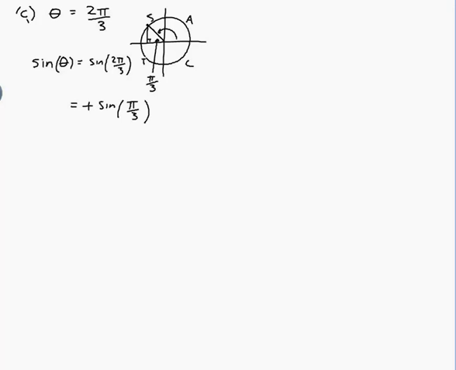Okay, now we already figured out what sine pi on 3 was before. I'll just draw that triangle again. So it was 1, 2, root 3. Here's pi on 3, just there. So sine pi on 3 was opposite over hypotenuse, so that's root 3 on 2.